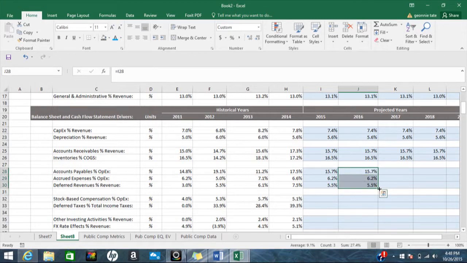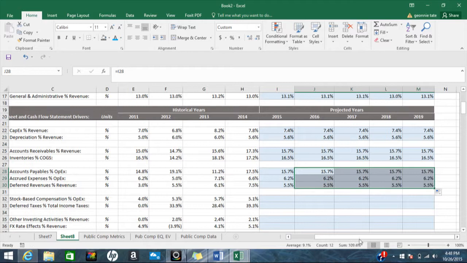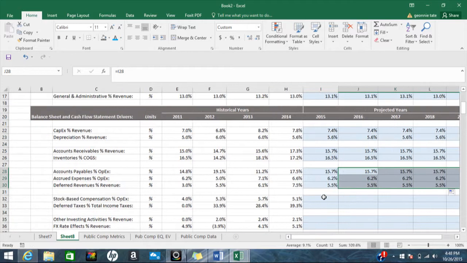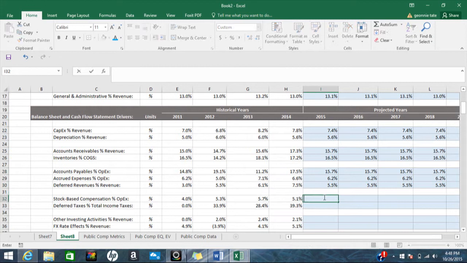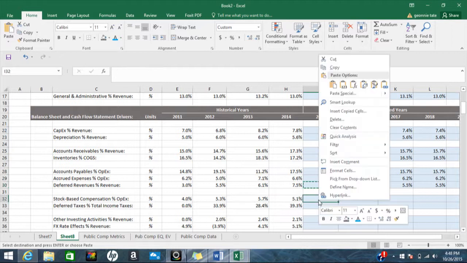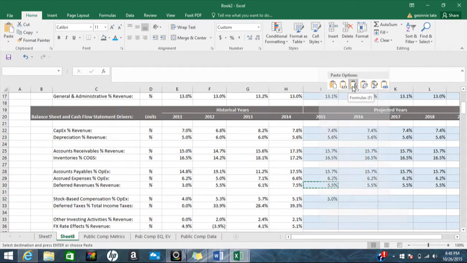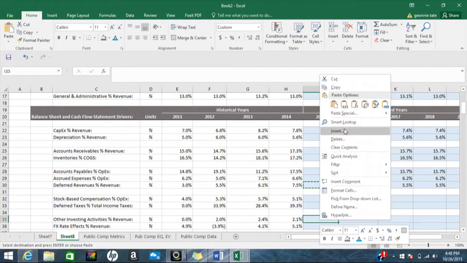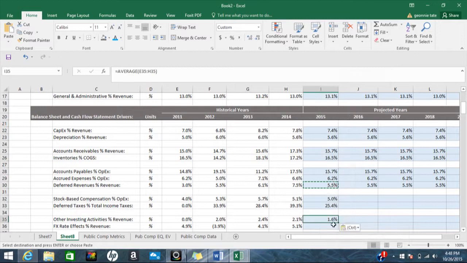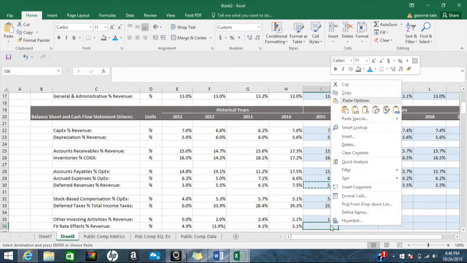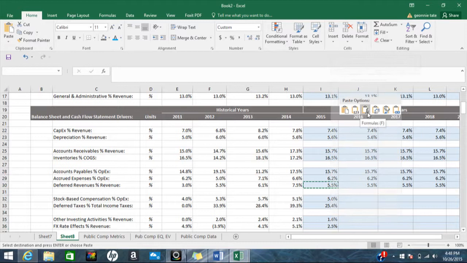As you see, it can be really time consuming. Right here, I'm just copying the formulas down just to show you how that works. It's a lot faster. You know how you copy and paste, you can copy and paste formulas also.